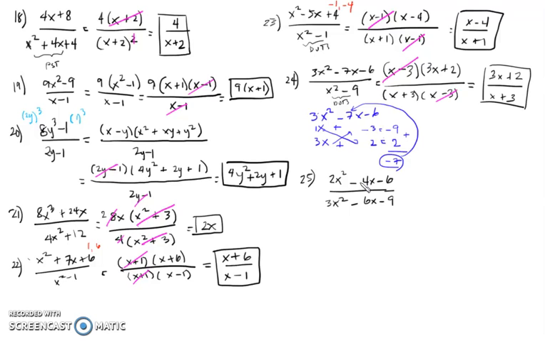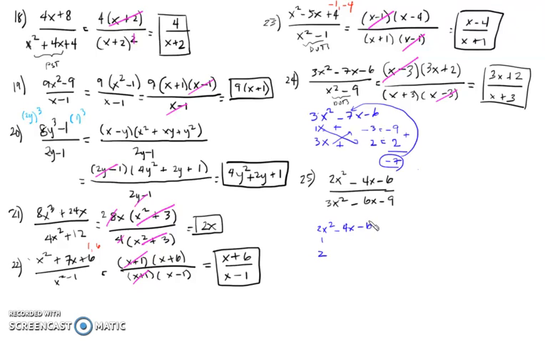In this case, we're going to do the cross method approach on both the numerator and the denominator. Again, for our numerator, 2x squared minus 4x minus 6. Factor this one: 1 and 2.